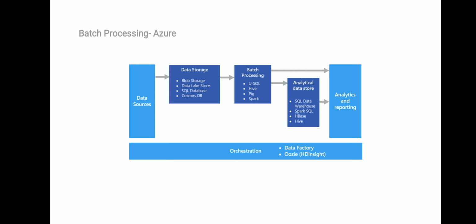You can use HBase, Hive, and then for analytics and reporting there are different tools. But since we are talking about big data architecture, not visualization, I did not mention those tools here. From the orchestration perspective, there are Azure Data Factory and Oozie on HDInsight, so you can use any of these tools. Now let me tell you some of the challenges.